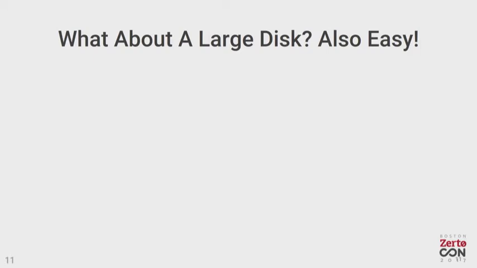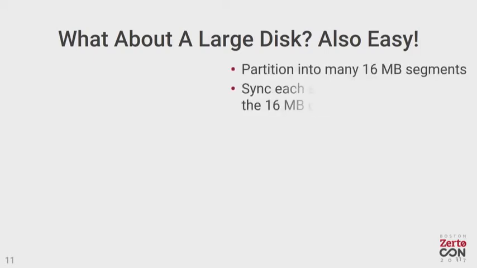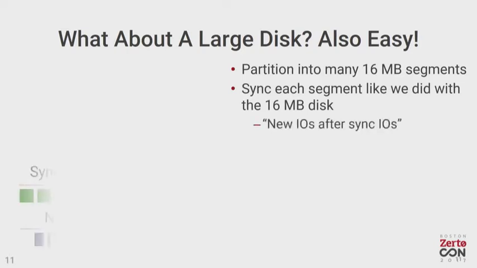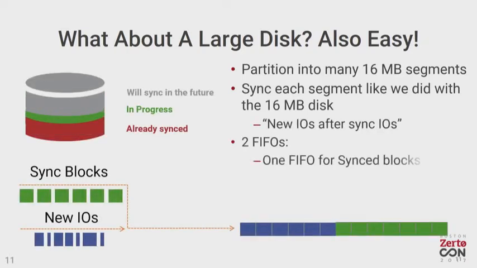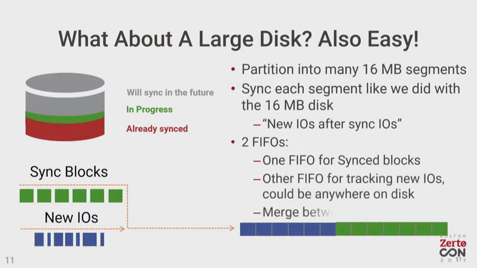It's an 8 terabyte problem. That's pretty easy too. If we go back to those foundations, we can simply partition the disk out into a bunch of those 16 megabyte segments. We can then sync each segment just like we handled our one imaginary 16 megabyte disk.